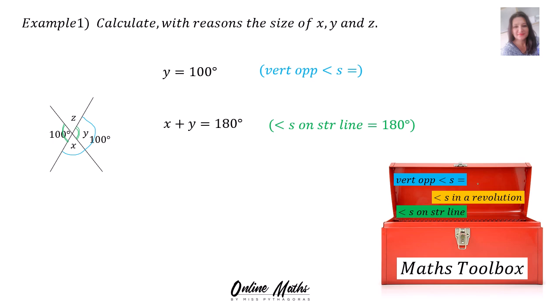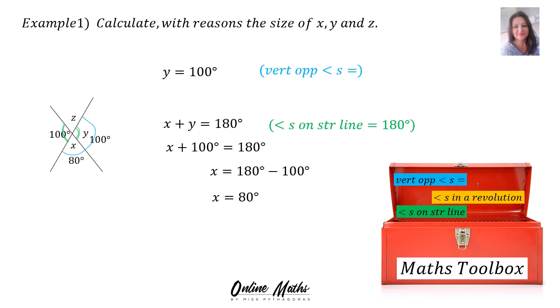Now, on the left-hand side, x plus y is 180. That's your equation. We know y is 100 degrees, so we substitute and then we solve for x. Therefore, x is 180 minus 100 degrees and x is 80 degrees. I know the size, therefore it will fly in.